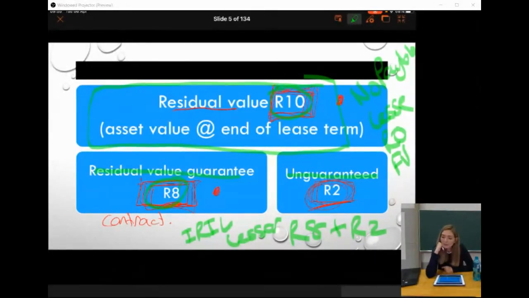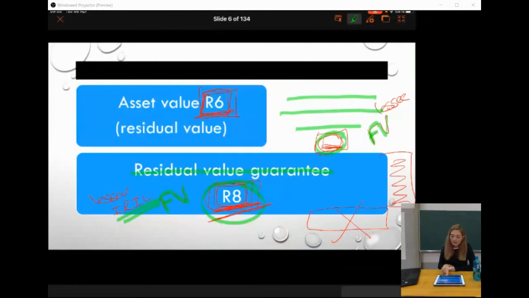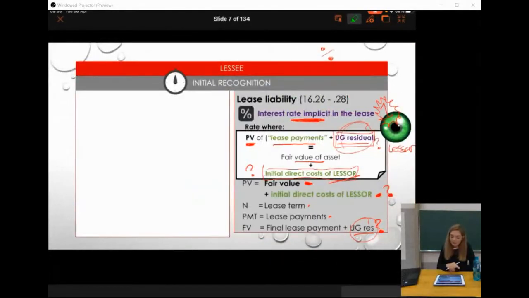If there was a purchase option, and the lessee is planning to buy it, what would the future value be to calculate the interest rate? Okay, so obviously, if we are now calculating the interest rate implicit in the lease, that's done from the lessor's perspective.